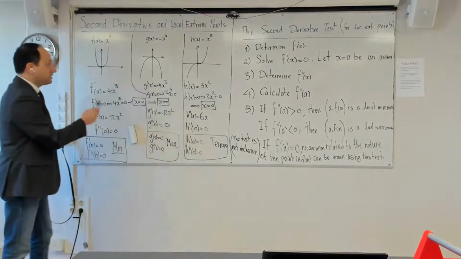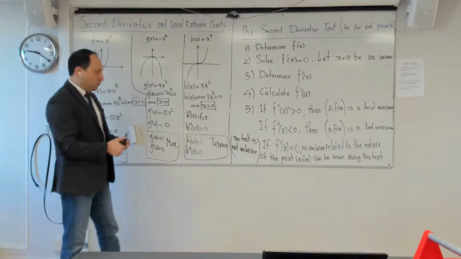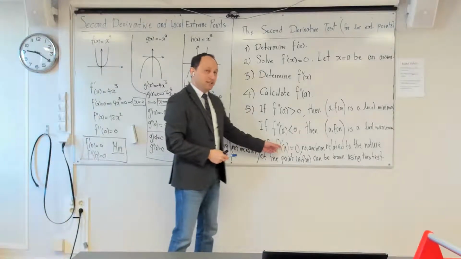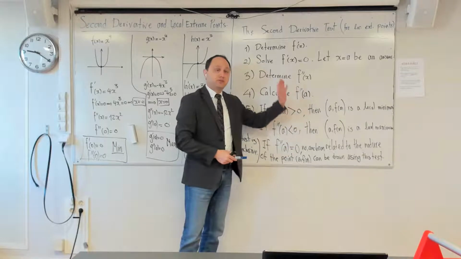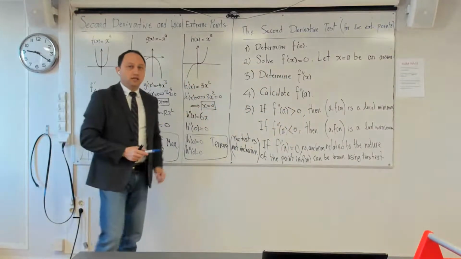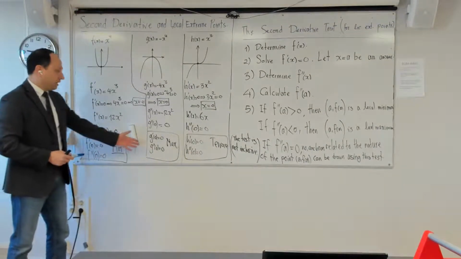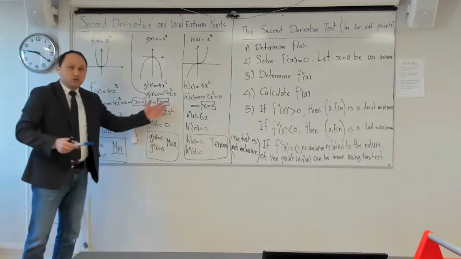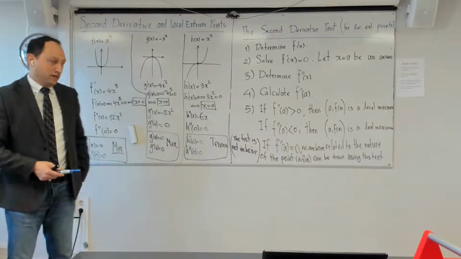This is probably the simplest possible example that shows you that if you get the second derivative 0 on top of that, the first derivative is 0, you cannot draw any conclusions about the nature of that point because it might be max, min, or terrace, depending on the behavior of the function that you are investigating.